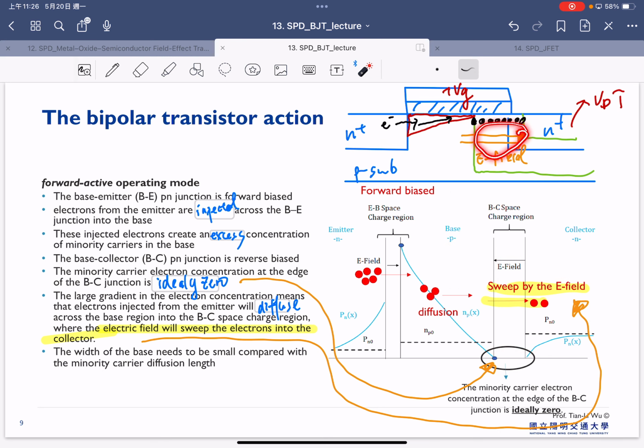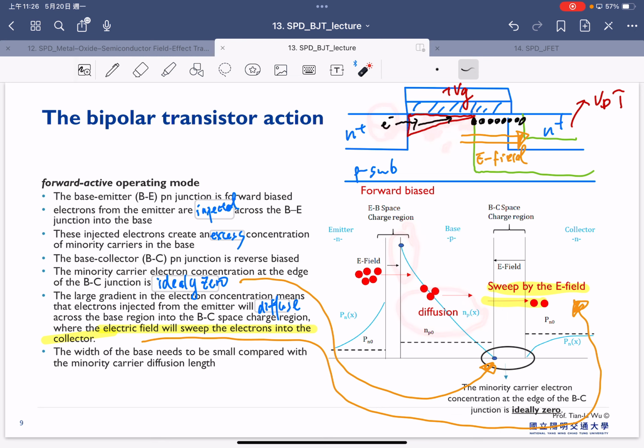And also, once the electrons start to flow into this region, they become the excess carrier concentration in the P substrate, just like in the case of here. And it needs to be zero concentration at this edge. So you will start to see the carrier diffused in this region, in the channel, in the MOSFET, which is exactly the same as here.